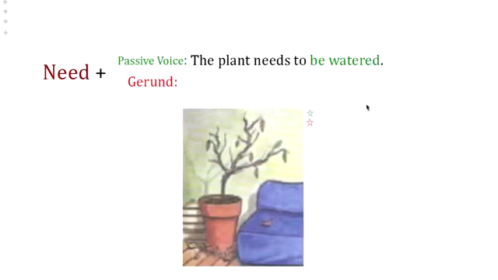Water is actually a verb, and that means to give something water. So you can use that like a verb, to water a plant. In this context, the plant needs to be watered. In the gerund, again, using water, I can say the plant needs watering. Alright, very good.